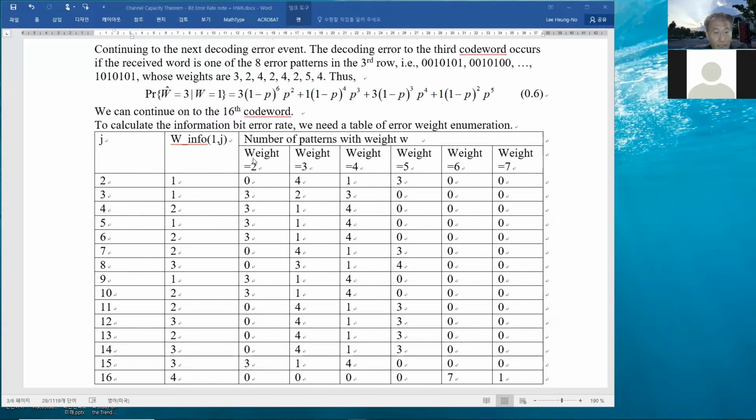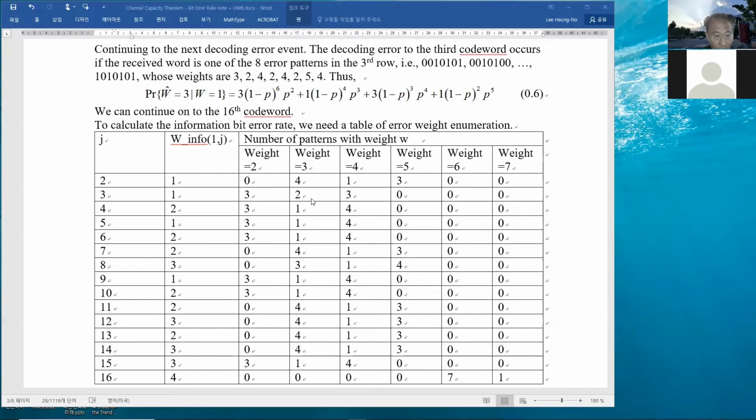And the number of patterns with the weight W. So weight 2, 0 occurrences, weight 3, 4 occurrences, weight 4, 1 occurrence, weight 5, 3 of them.